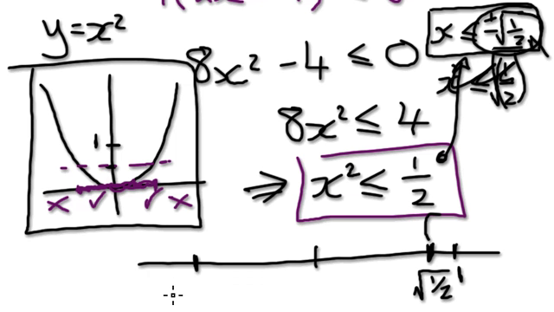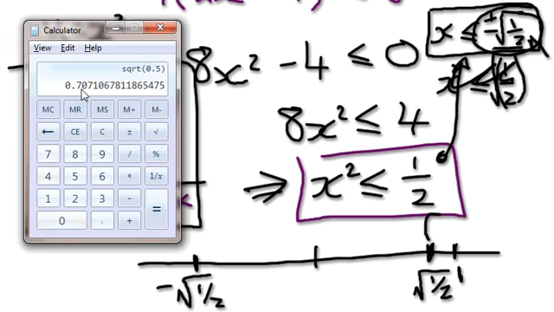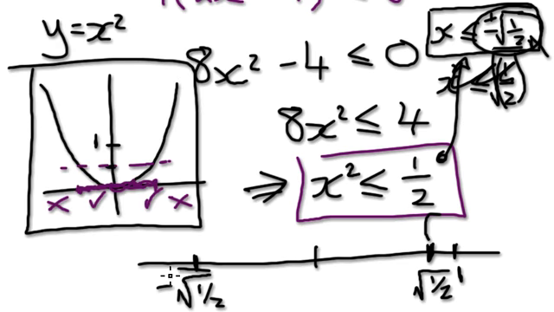And then instead of using negative 0.7, I prefer to use negative root a half, because it's an exact number, whereas if you use 0.707, it goes on. It's not an exact value. So if possible, use this here and this here.